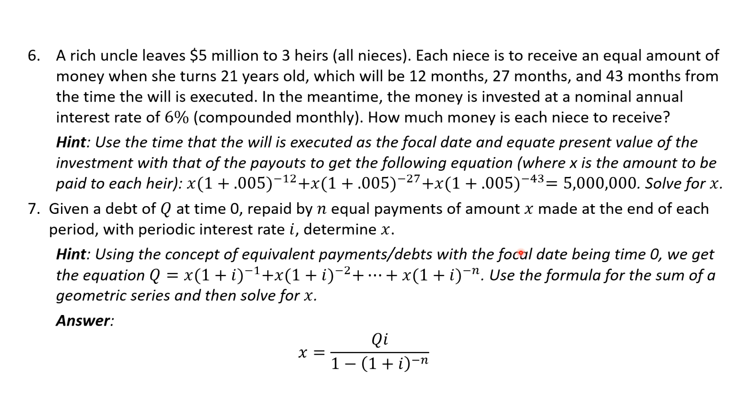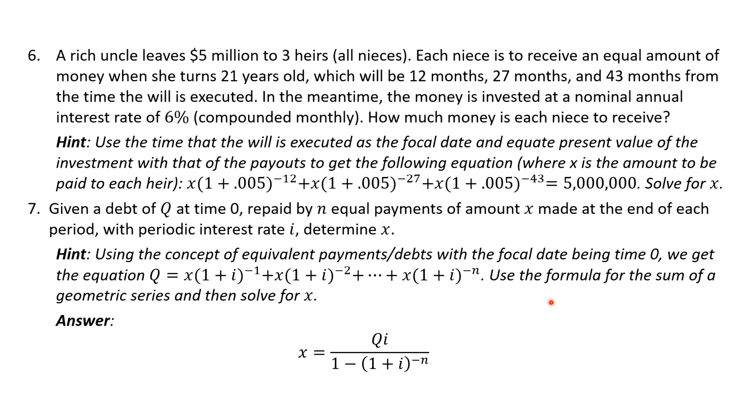Similar to this, we're going to take the focal date being time 0, and so we have Q, that's like our 5 million, and then we have these n equal payments at these periods. One period after, the present value for the first period is this here, discounted. Then the second period is this amount discounted, and then all the way to the nth period discounted by n time periods.